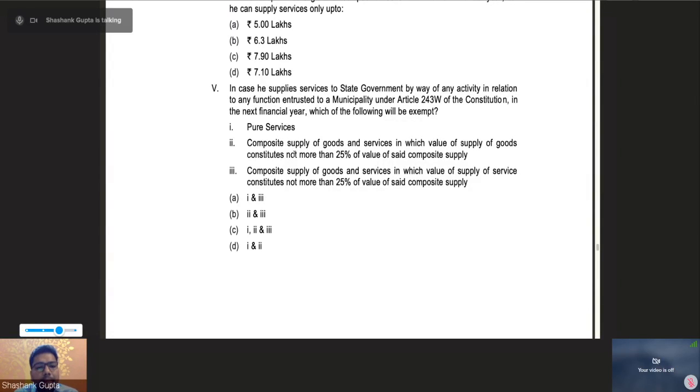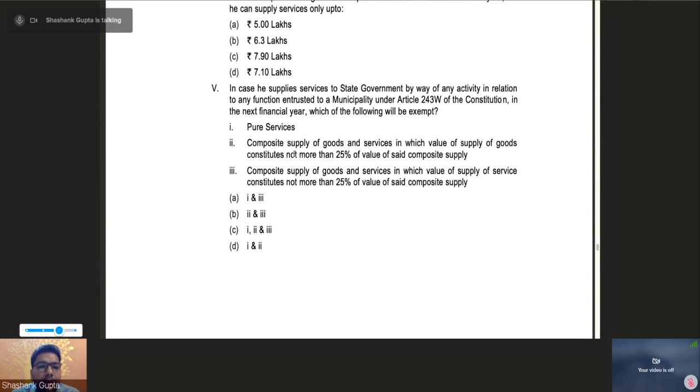Not only this, but composite supply of goods and services wherein the value of goods is up to 25% of the said composite supply, that would also be covered under the exemption. So for this you need to retain the exemption portion.